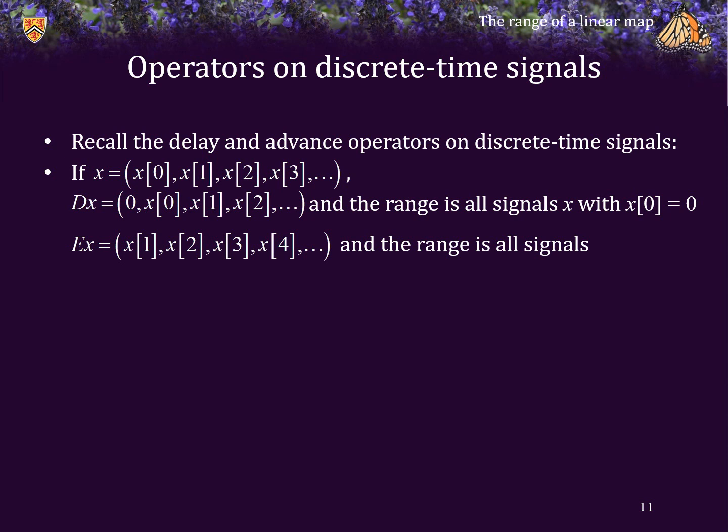Well, in that case, you could give me any discrete time signal, and it's not hard to simply shift all of them over by one, and that becomes a vector that the advance operator maps onto the vector you gave me. So therefore, the range of the advance operator is still all signals.